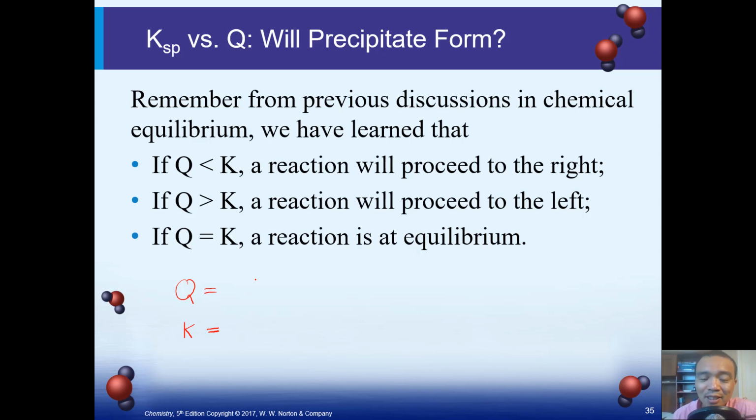K takes exactly the same format, but all the concentrations or partial pressures refer to the equilibrium concentrations or partial pressures. So let's look at one example, to see how we can use this Q and K relative magnitude to judge the precipitation reaction.